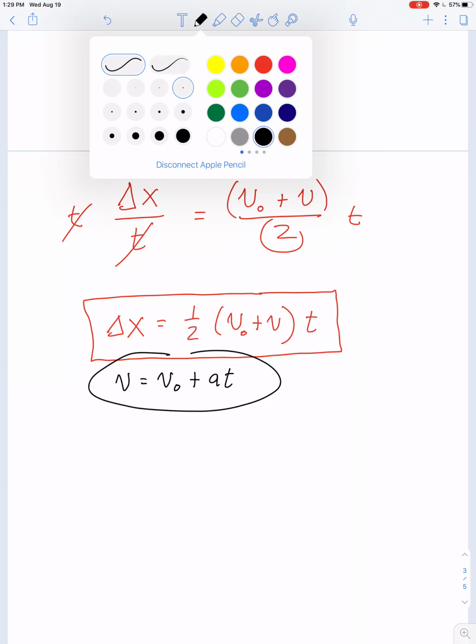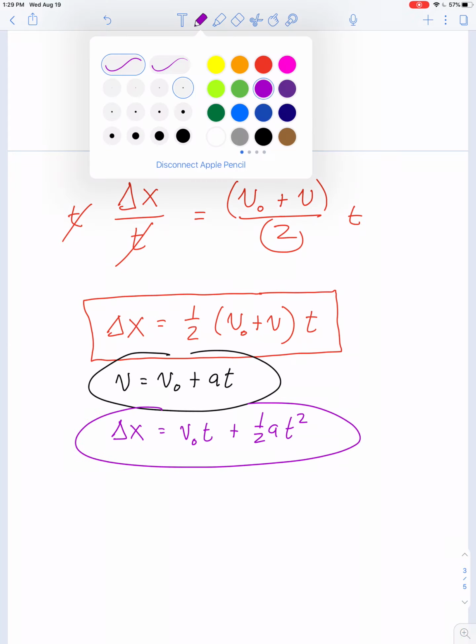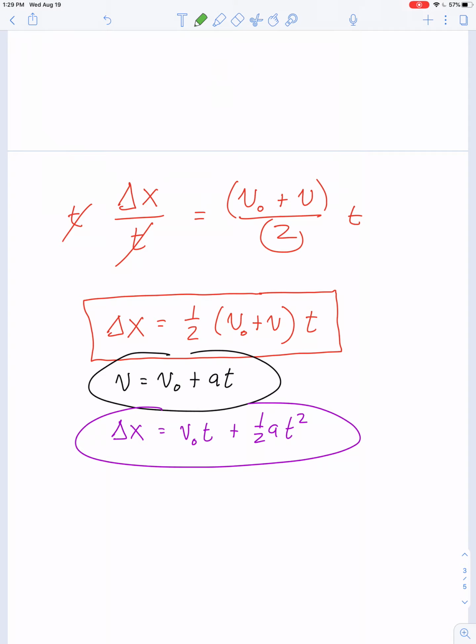Let's see, do you know the third one? Distance traveled is equal to initial velocity multiplied by time plus 1/2 times acceleration times time squared. Some of you know a fourth one. Final velocity squared is equal to initial velocity squared plus 2 times acceleration times distance.